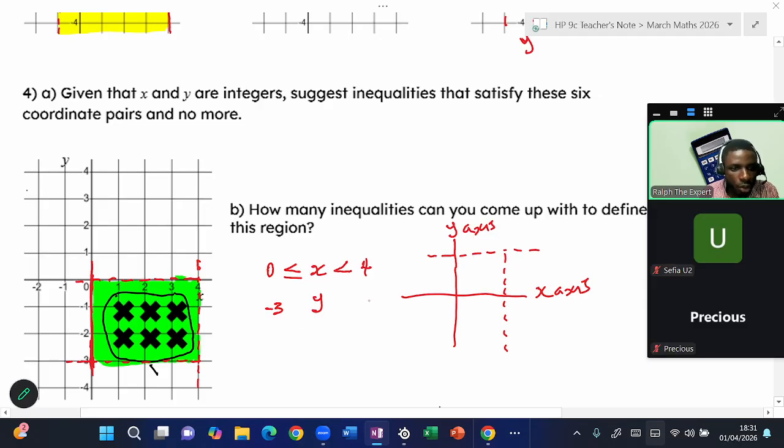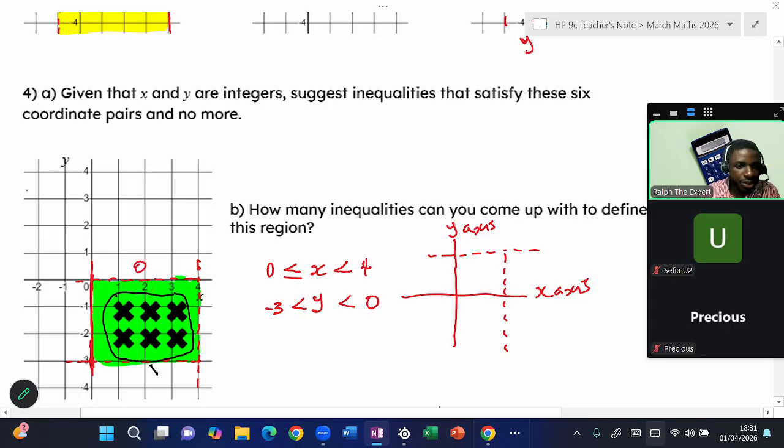Then for the other one, on the y-axis, the two lines are broken. So we have -3 is less than y, and y is less than 0. I hope that makes sense.